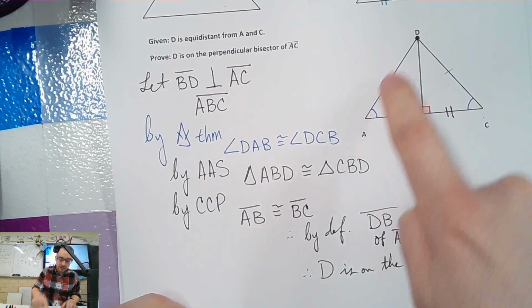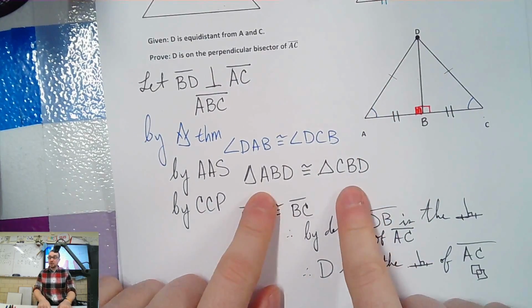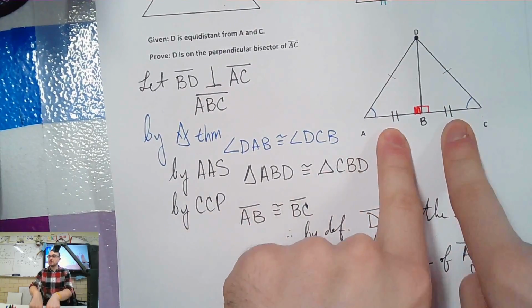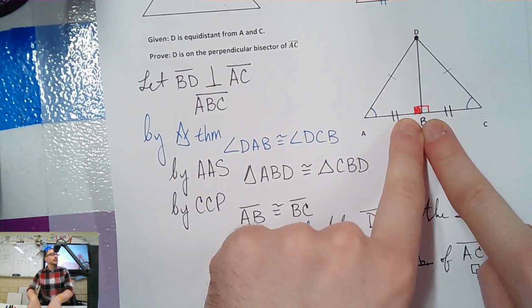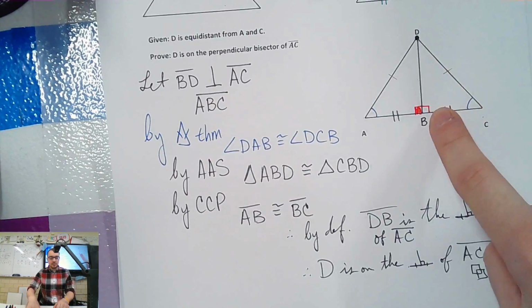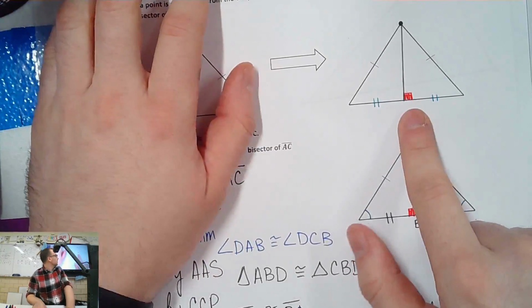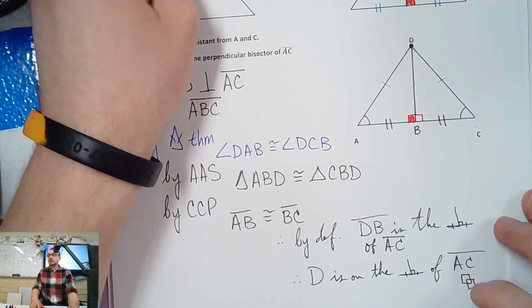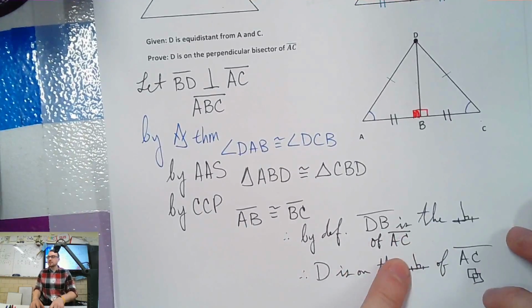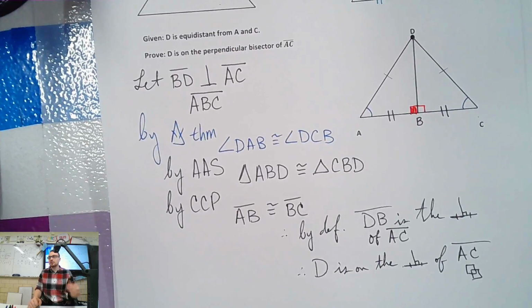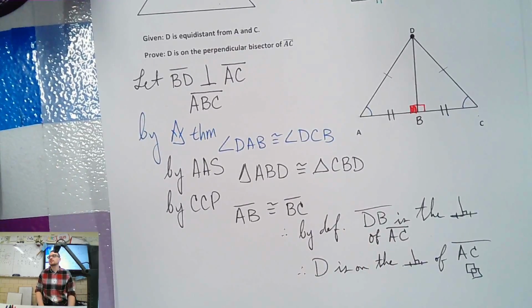Then by angle side, the triangles must be congruent, which means by CCP, these bottoms must be congruent. And if the bottoms are congruent, and it's 90 here, isn't DB a perpendicular bisector? Didn't I prove this? Yeah, I did. So DB is the perpendicular bisector of AC. And how do I know D's on it? Well, D is one of the letters, right?